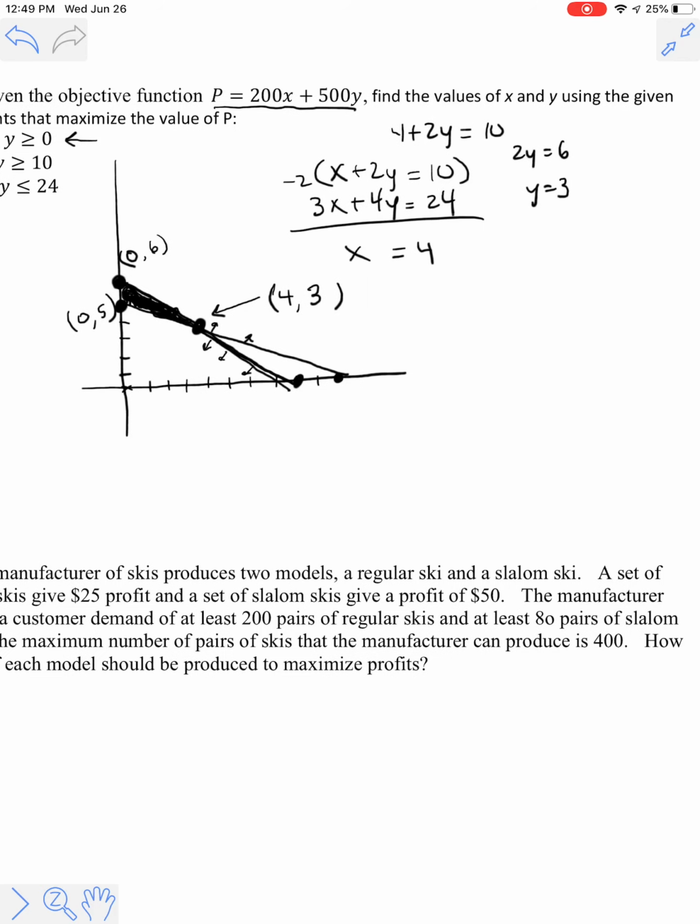So now I've got the vertices of my solution set. So I need to find the value of the objective function here for all three of those vertices. So I need to find the value of p for the point 0, 6, the value of p for the point 0, 5, and the value of p for the point 4, 3.